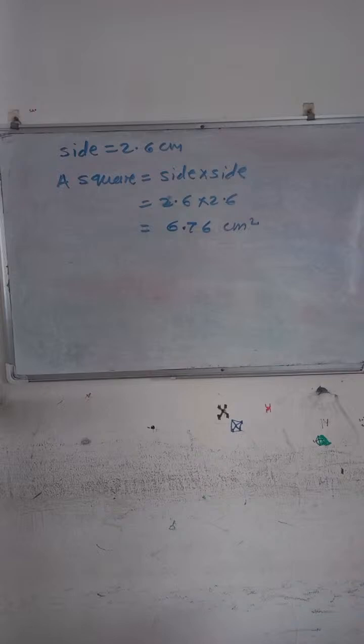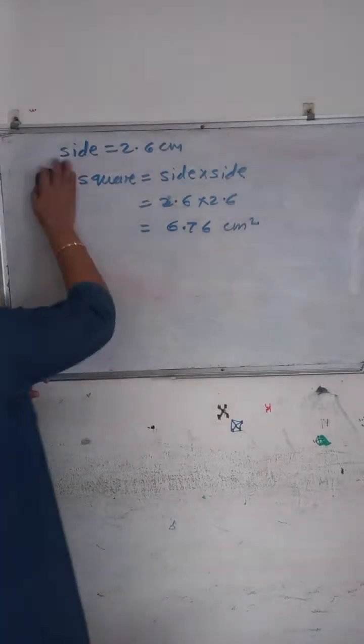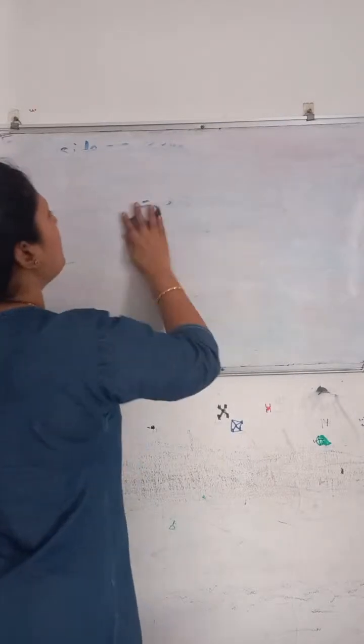Okay. So here, see, we have a different question. Here we have a wall of dimension 10 meter into 10 meter. I will draw the figure here. I'll check my marker. Yeah.